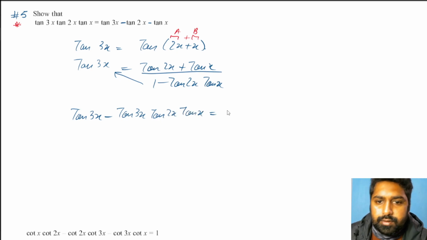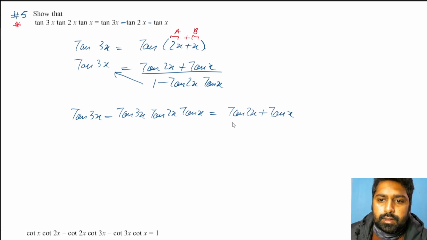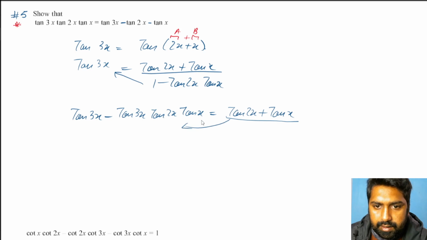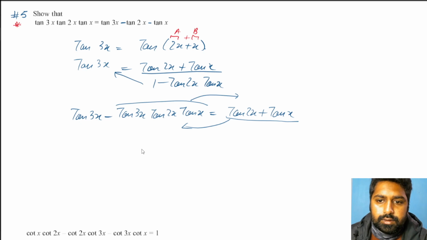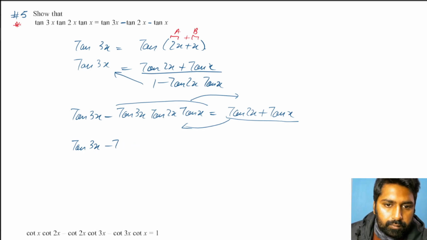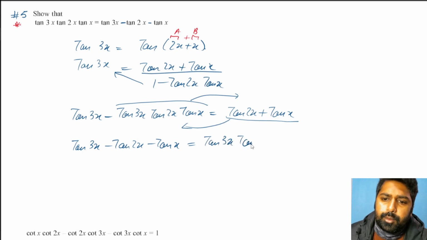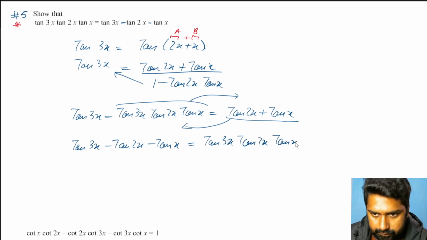I multiplied with both, is equal to tan 2x plus tan x. And I take this expression on the left and I take this expression on the right. That's it. So the left side becomes tan 3x minus tan 2x minus tan x is equal to, and the right side becomes tan 3x, tan 2x, tan x. Okay. Hence it is proved.